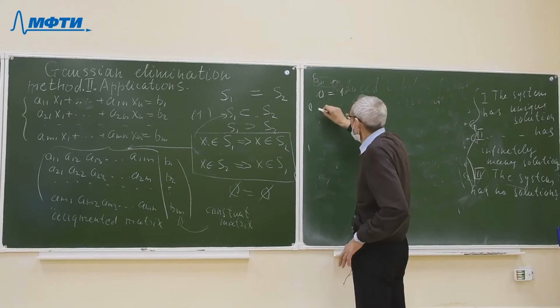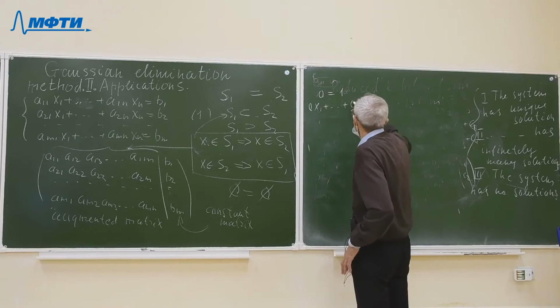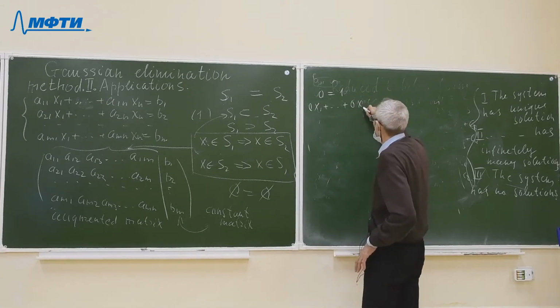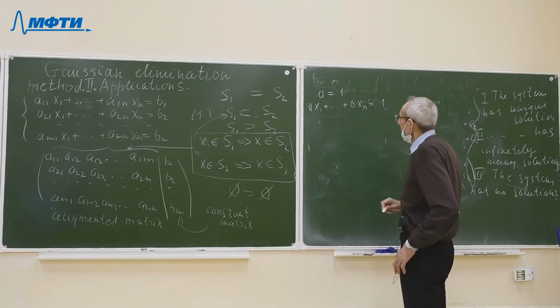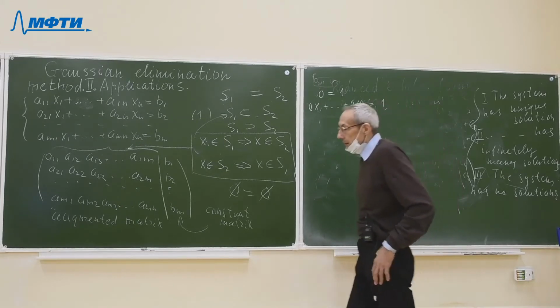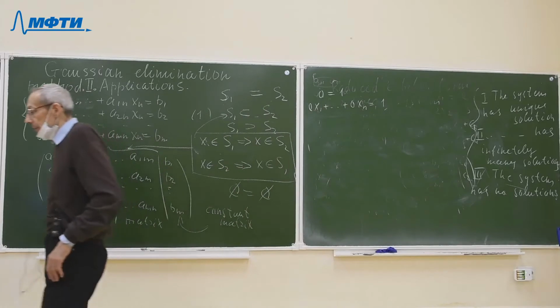Zero on the left side means we have variables which have 0 coefficients, and on the right side we have an arbitrary non-zero element.